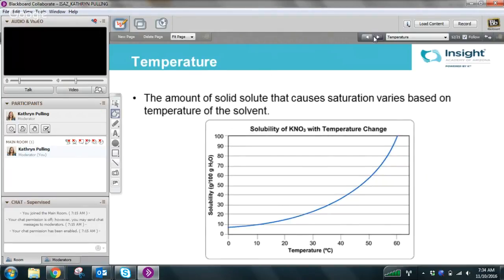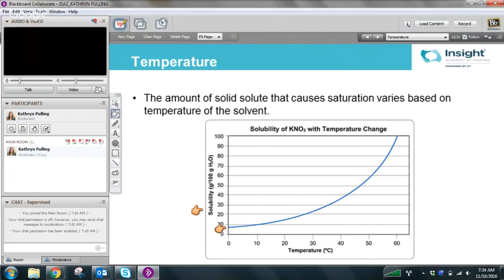Temperature. So that you can have some visual information here, you can see on a graph that we are dissolving potassium nitrate, which is a salt because you've got the positive potassium and the negative nitrate, in water. As water increases in temperature, the solubility, the saturation point, changes.